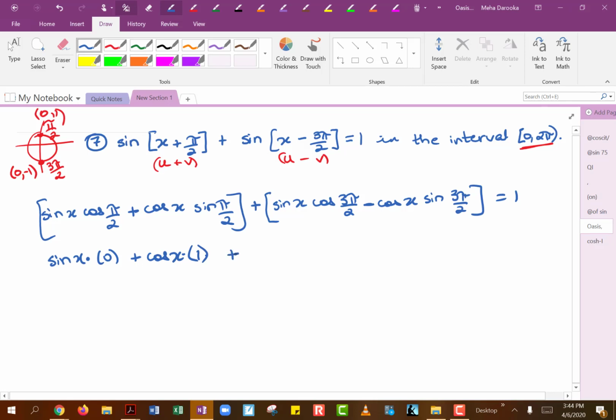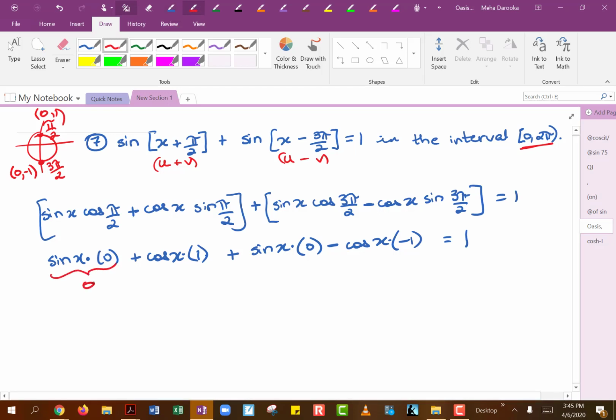And then from the second part here we will have sine of x, and then cosine of 3 pi halves will also be 0, minus cosine of x, and sine of 3 pi halves is now going to be negative 1. And on the right-hand side we still have a positive 1.